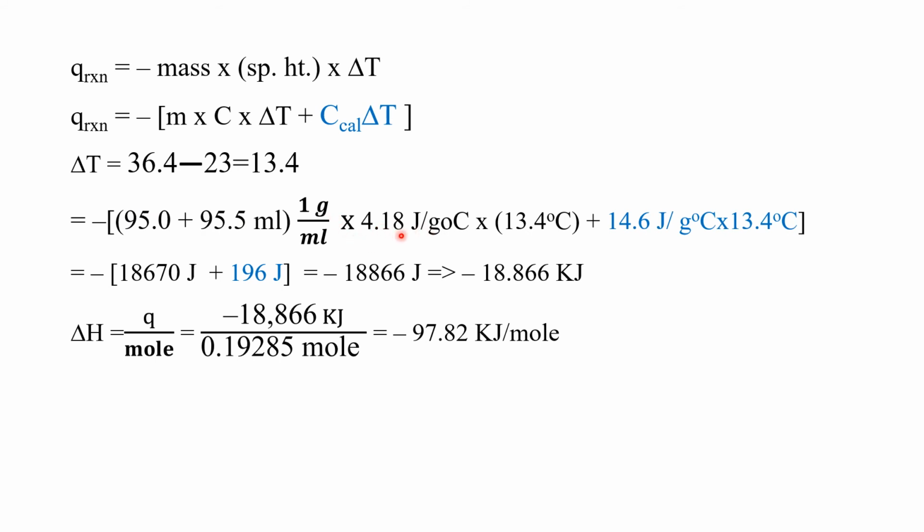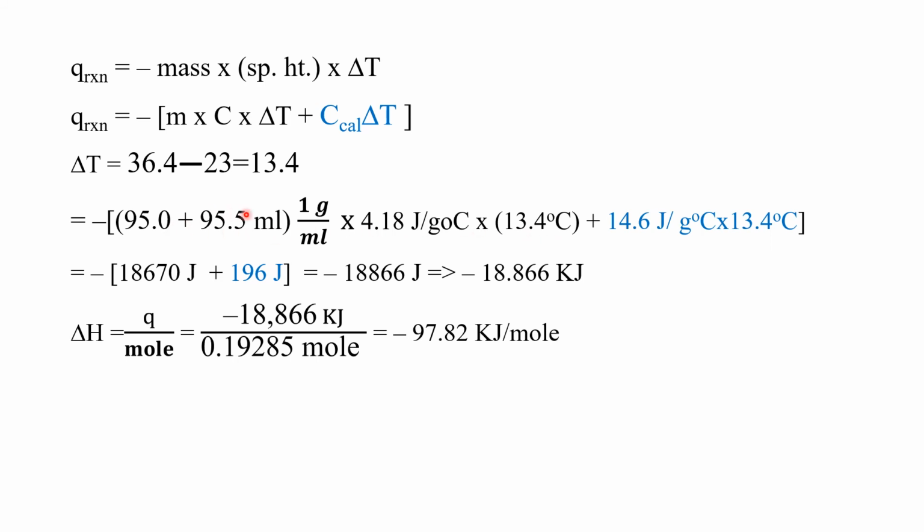We multiply this by C. Okay, so the specific heat. Okay, C is the specific heat, 4.18 joules per gram degrees centigrade. Then we multiply this by the delta T, which is 13.4.